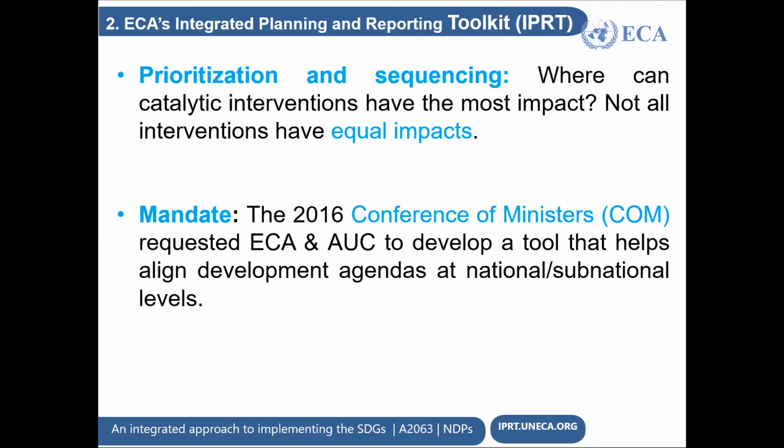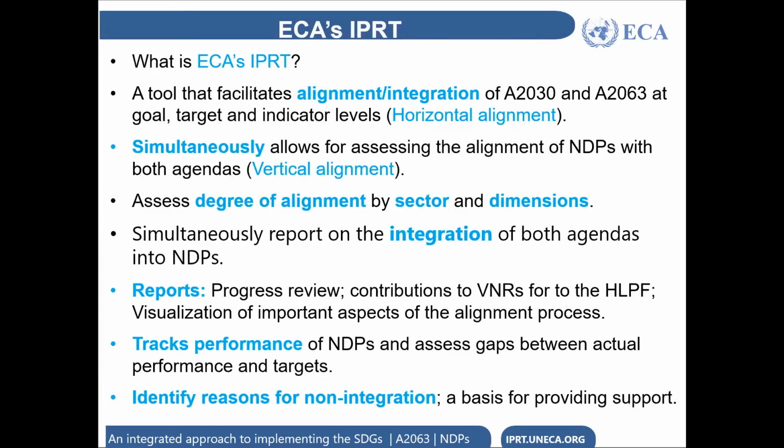So this toolkit should help member countries to align both continental and global development agendas into national development plans. That's where the mandate is coming from. Now the next question is, what is ECA's integrated planning and reporting toolkit? What are the basic properties or attributes of this toolkit?